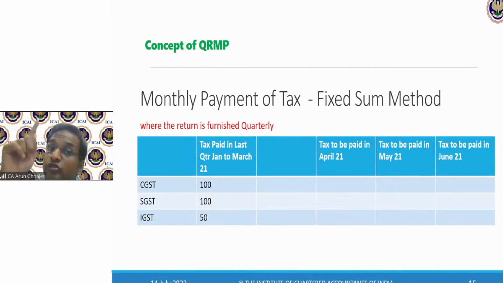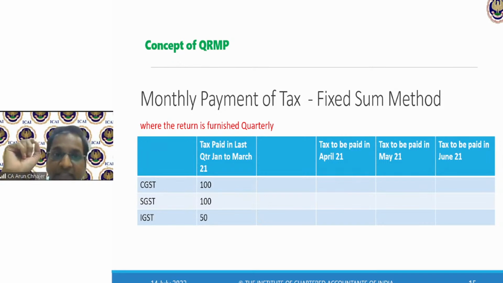कब पे करना है उसका ड्यू डेट क्या होगा? जो GSTR 3B का ड्यू डेट है. व्हाट इज द GSTR 3B ड्यू डेट फॉर QRMP? Now remember, the entire India has been divided into 2 categories.